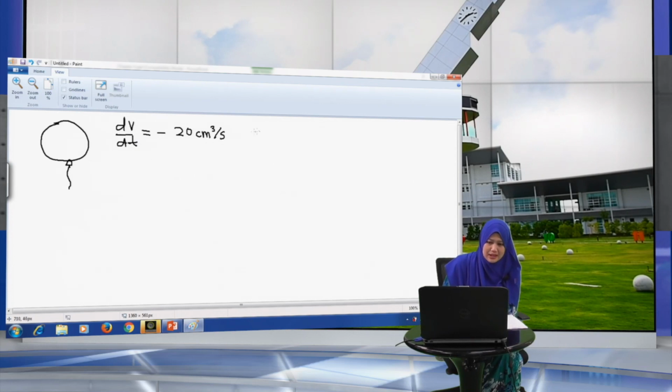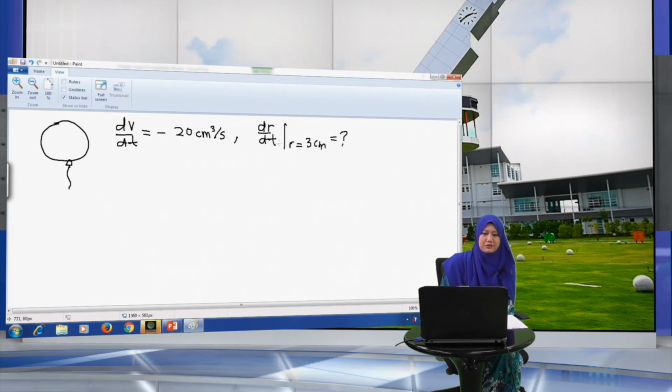Now the question asks, how fast is the radius changing? So we need to find dr/dt when the radius is 3 centimeter. Okay, now first we have to determine the relation between V and r.